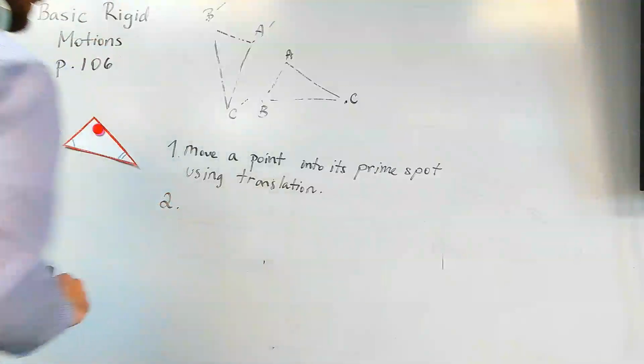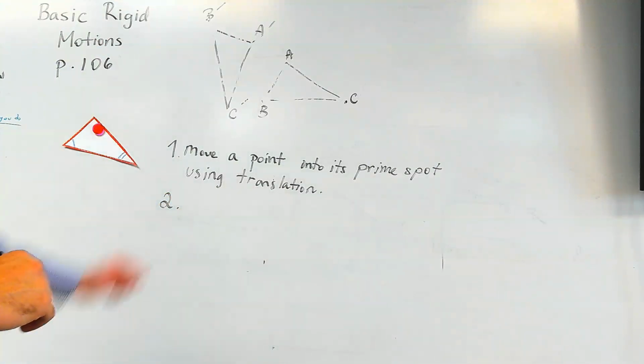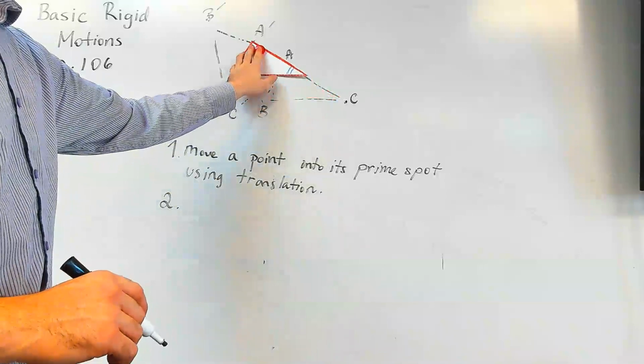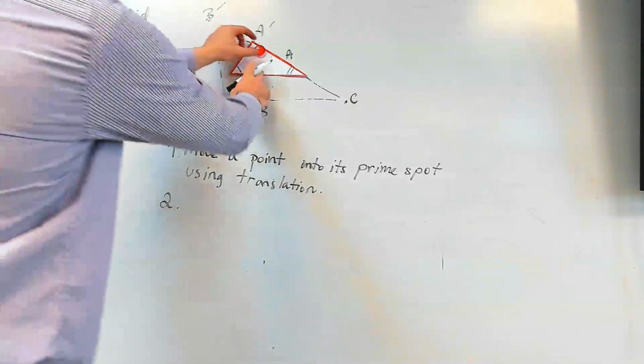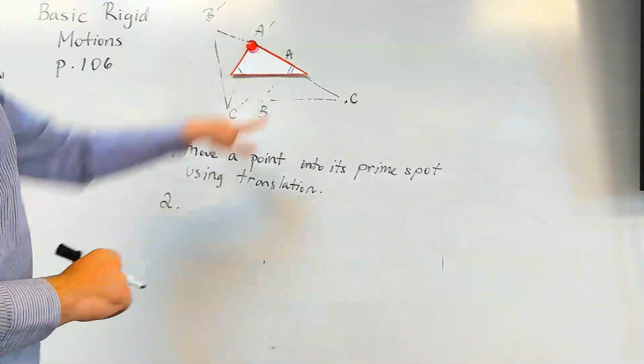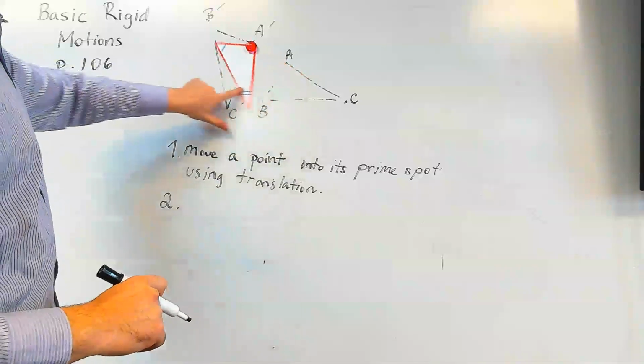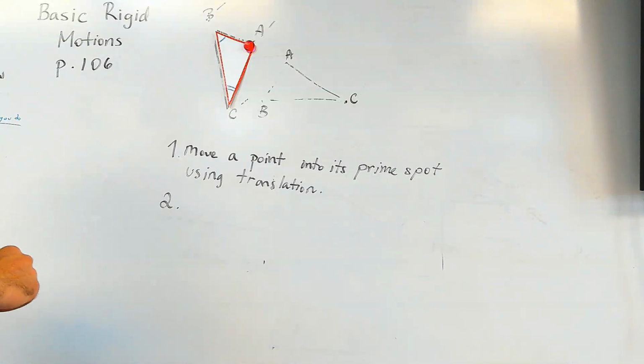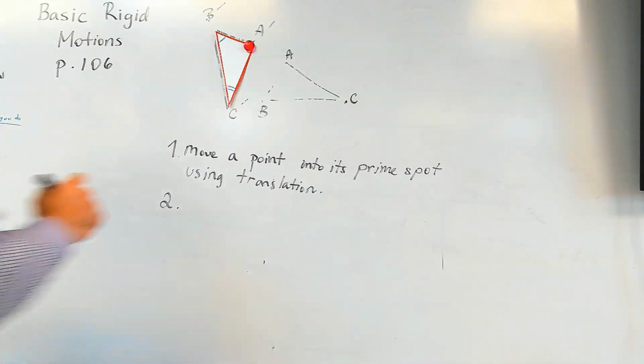Step two, you want to match line to line. So we moved triangle ABC to the A spot. The next step is to align line BC to line BC prime. That can be done using a reflection or, in most cases, a rotation.